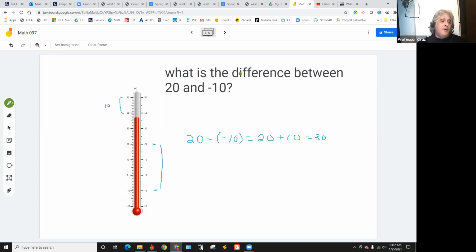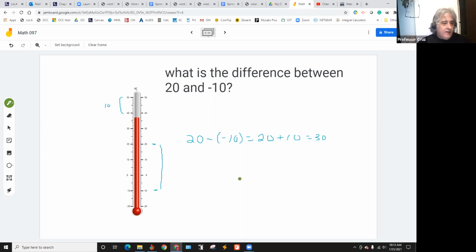The reason I wanted to use this is because when we're subtracting a negative number, in other words, finding the difference from here to here, that's why it turns to a positive. When we're subtracting a negative, it ends up being a positive 10. So 20 plus 10 is 30.